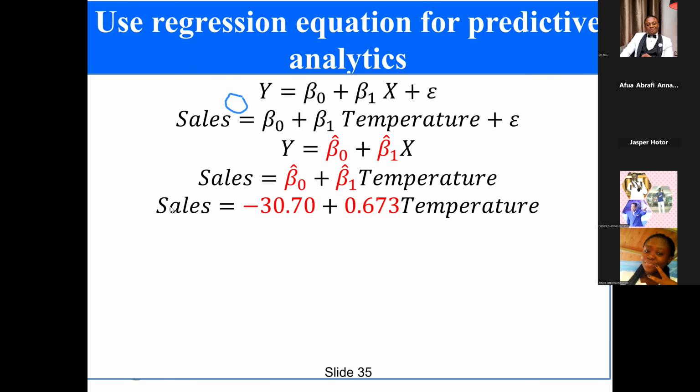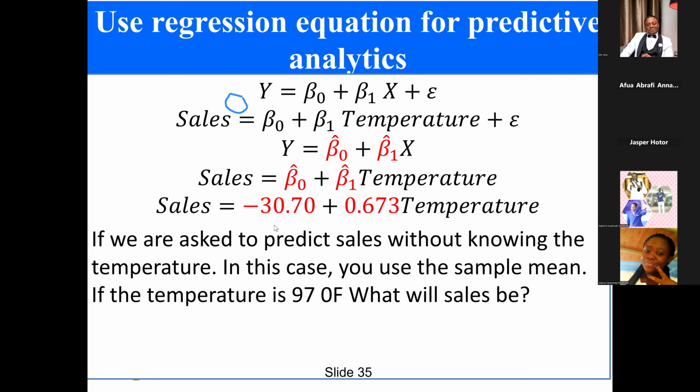If we know the value of temperature, can we predict sales? Yes. If we are asked to predict sales without knowing the temperature, then in that case, you use the mean. Take note. If the temperature is 97, what do you think it is? Now, when I say use the mean, suppose I want you to tell me the value of sales, but I don't know the temperature.